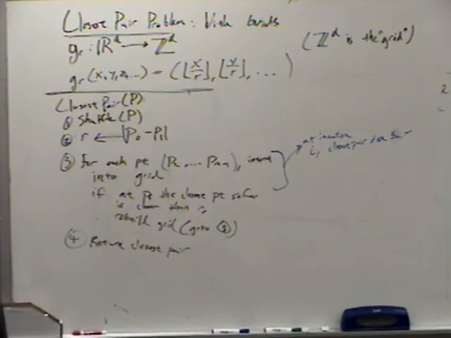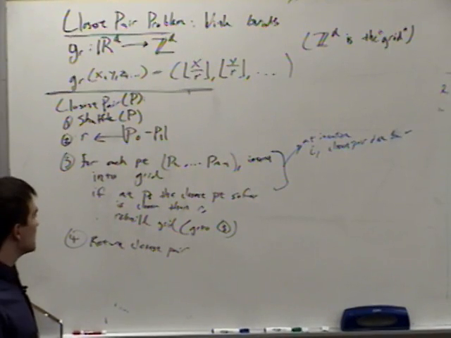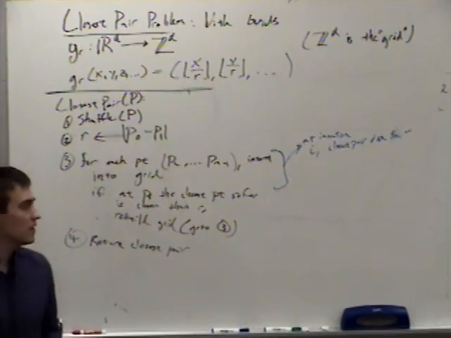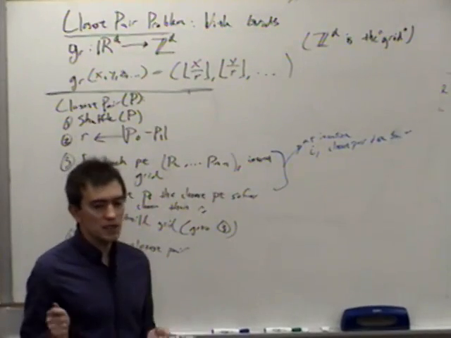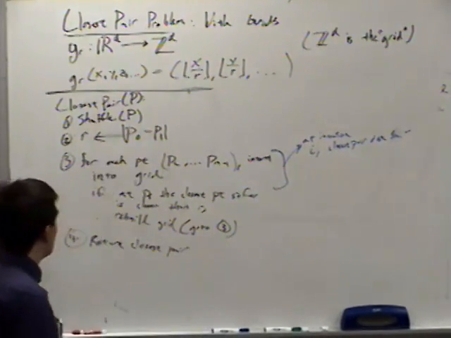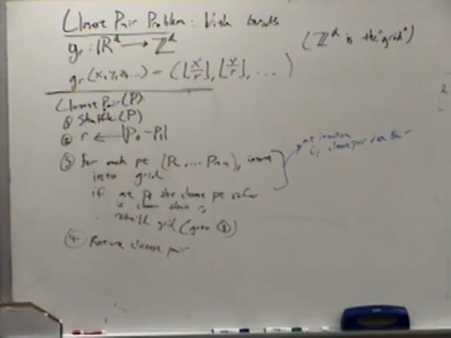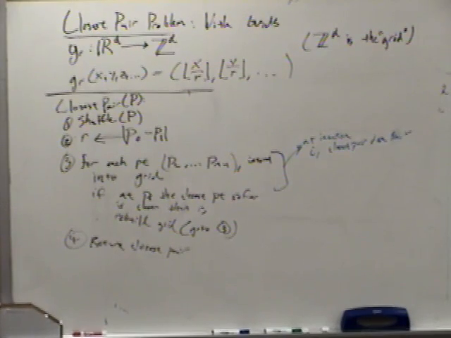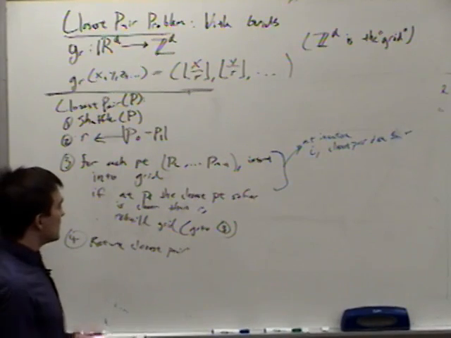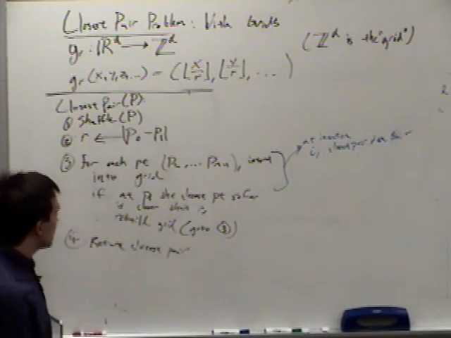When we're sticking the ith point into the array, what we're really doing is testing if the closest pair distance to this ith point is going to be less than or equal to the closest pair distance that we found so far, which is the current resolution of our grid. So we take this point pi, stick it in the grid, and check if we found a point that's closer to pi. If we do, then that point and pi are our current best candidate for the closest pair. Then we can take that new radius, blow up the whole grid, and rebuild it.